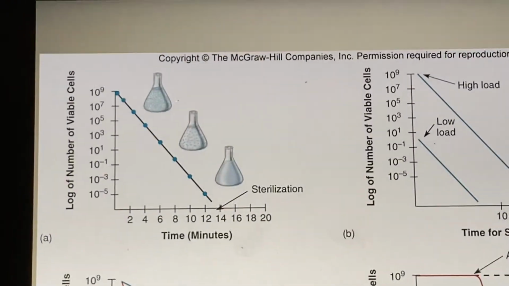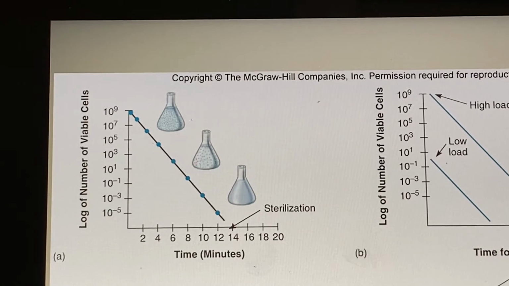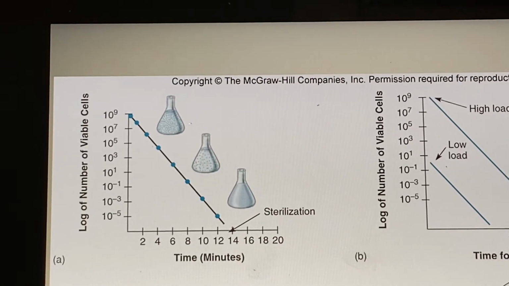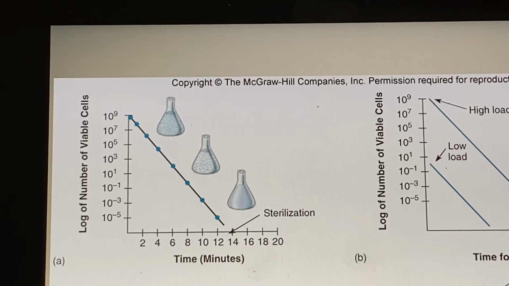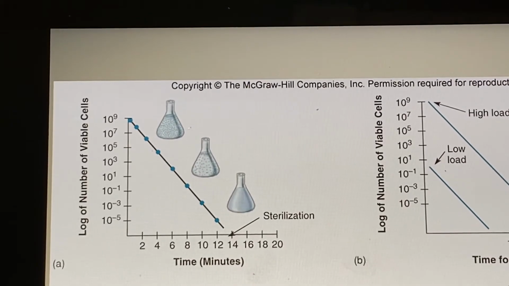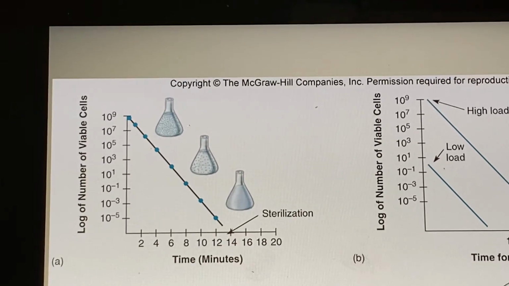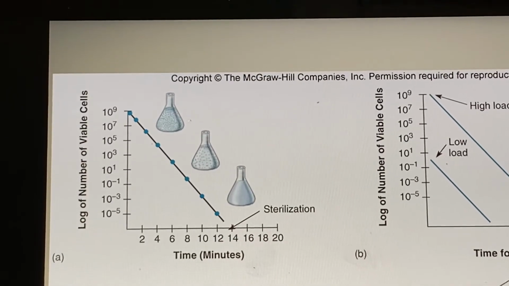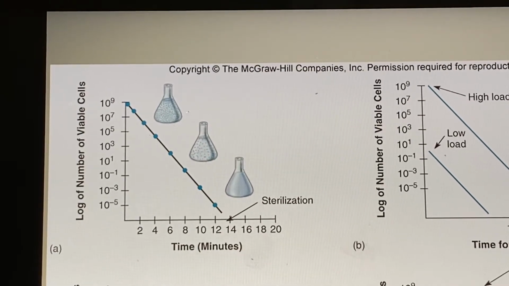Okay, so let's start here. On the left axis, on the y-axis, you see the number of cells that are viable. And what this graph is saying is that the more cells you start out with, the longer the time it takes to kill all of them and sterilize, whether it's a surgical tool or a liquid.